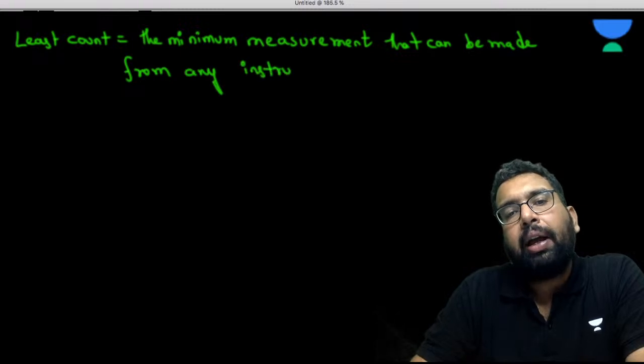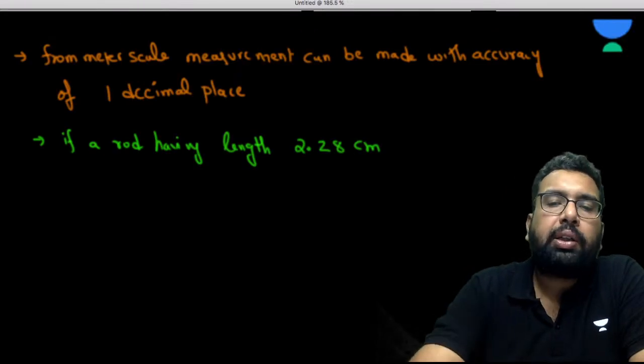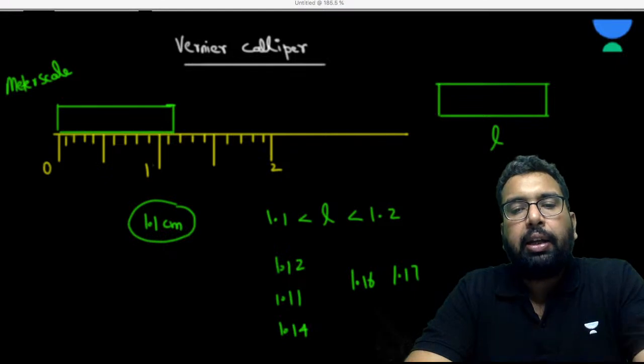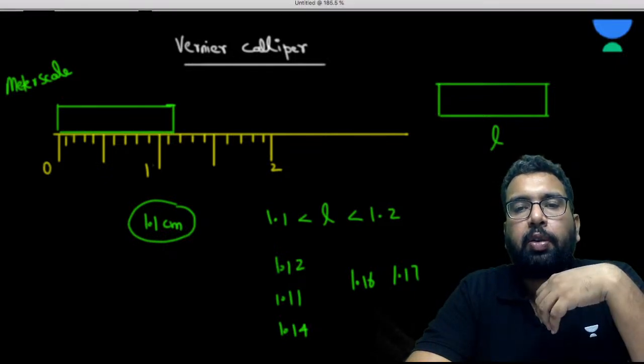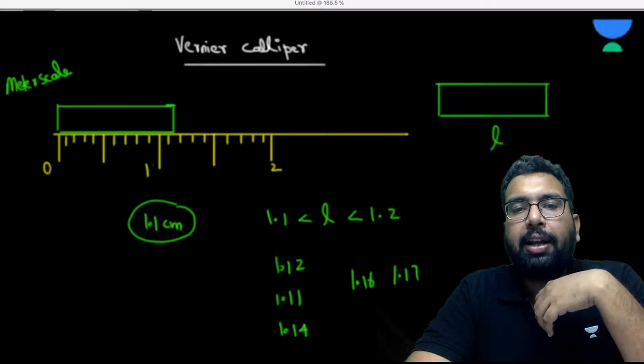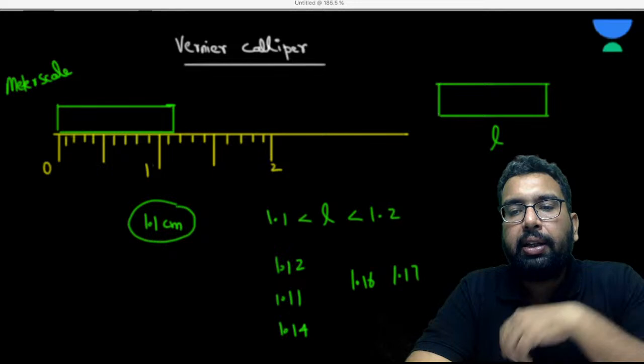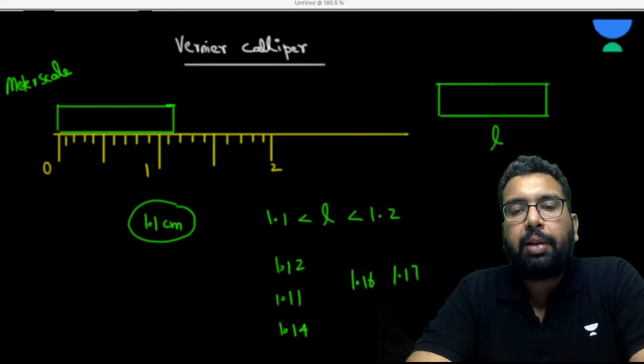Like if I ask you, what is the least count of this meter scale? What is going to be the least count of this meter scale? Can you tell me that?